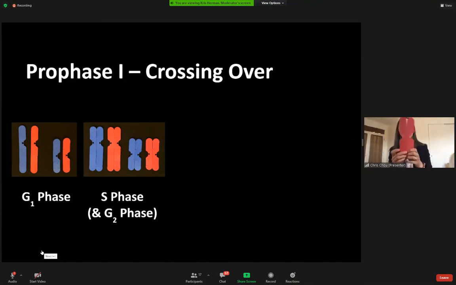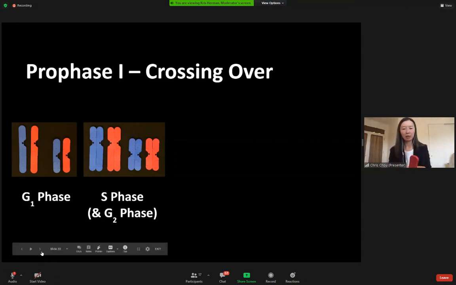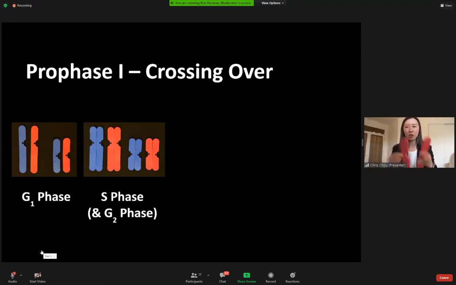And so going with Lucy's idea, these aren't mirror images, you could have them lay them on top of each other like this, just to show it's two identical copies. They are connected together at the centromere, and they're going to stay together for a special reason. So you could have them replicate there. In G2 phase, we're not seeing anything really change about these chromosomes. And now we're going to go into meiosis.